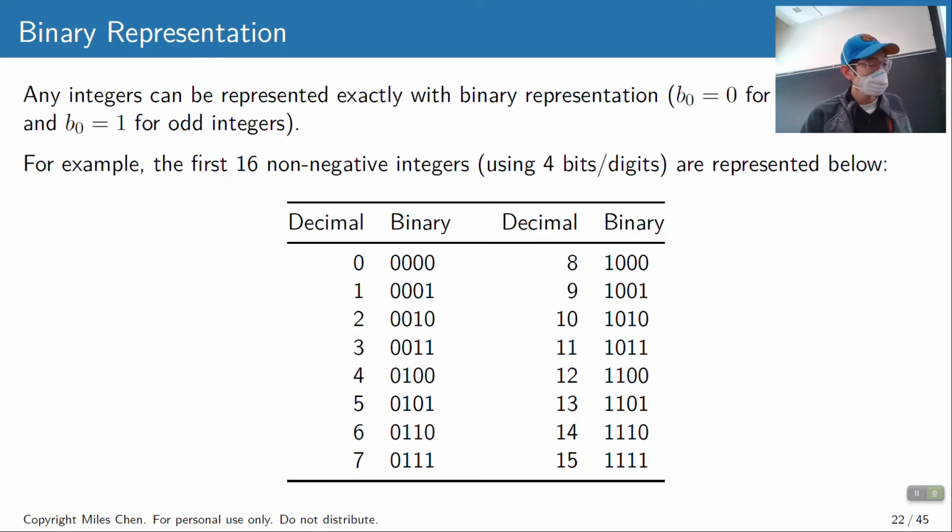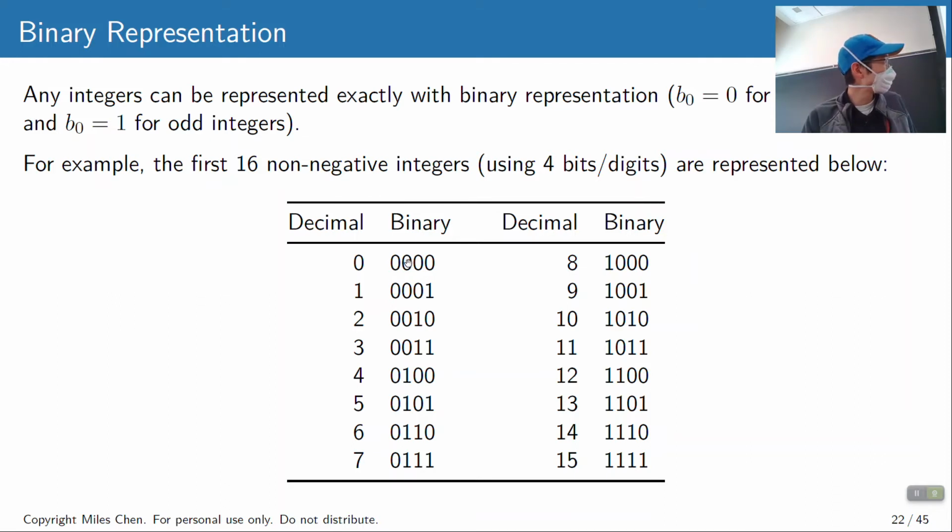And so the first digit is your ones place, the next digit is your twos place, your next digit is your 2 to the 2, your fours place, and then the next digit would be your 2 to the third, eighths place. So you have 2 to the third, 2 to the 2, 2 to the 1, 2 to the 0. So 0 would just be all zeros here.